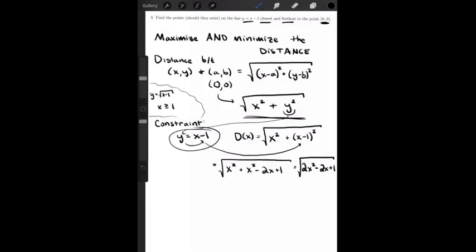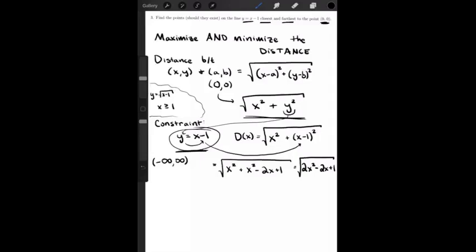But for this function, for y equals x minus 1, there's no restrictions on what x is. So you can either think of it as not having an interval, or that our interval is negative infinity to positive infinity, which is just everything.